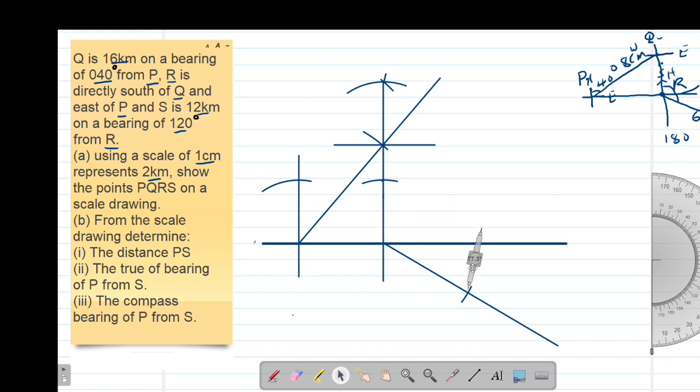Then with the same radius, transfer it to the point of intersection of these two, then you also make an arc on the upper side of this particular line. Once you make an arc, you take your compass to this particular original point here. So remember, this was actually 6 centimeters, so I'll take it back to 6 centimeters.